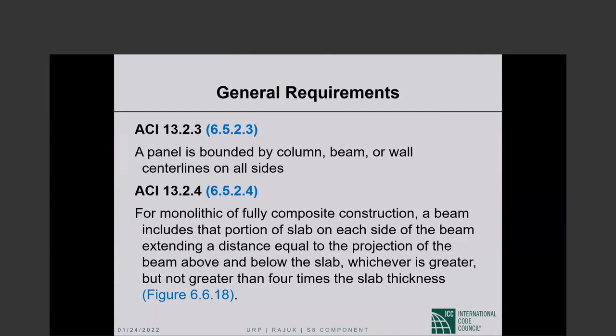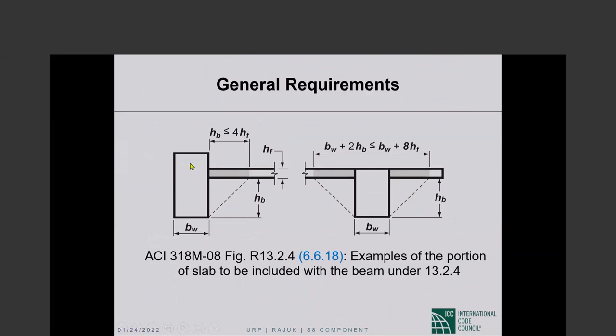A panel is bounded by column, beam, or wall central lines on all sides, as you have seen. For monolithic or fully composite construction, a beam includes that portion of a slab. Let me go to the picture. So when we talk about a beam, it is the physical beam, but also a portion of the slab. How much of the slab?